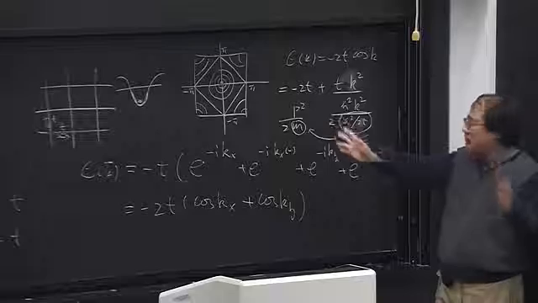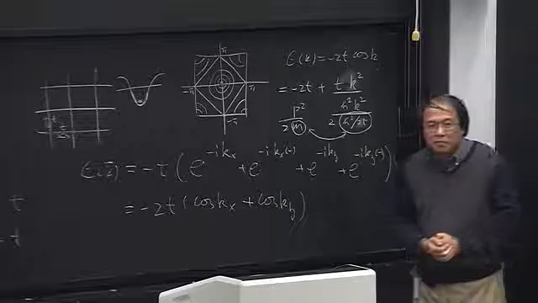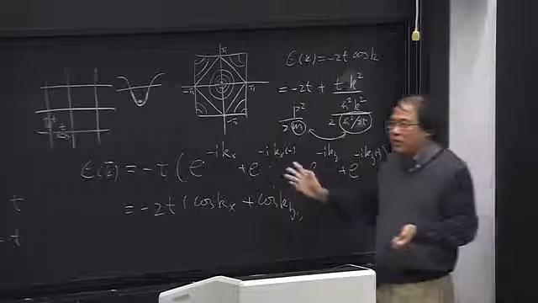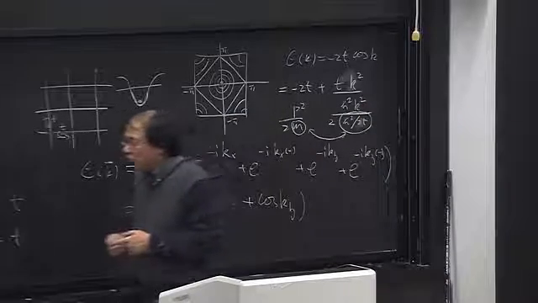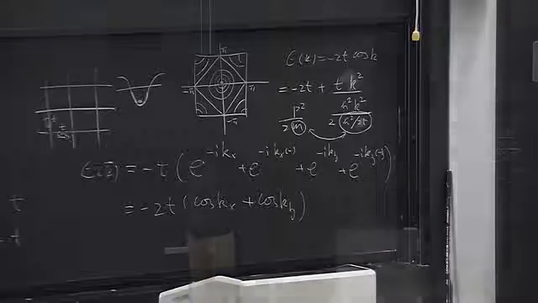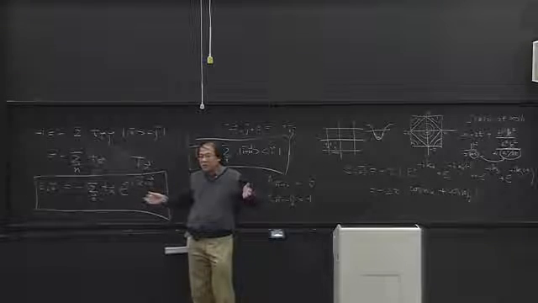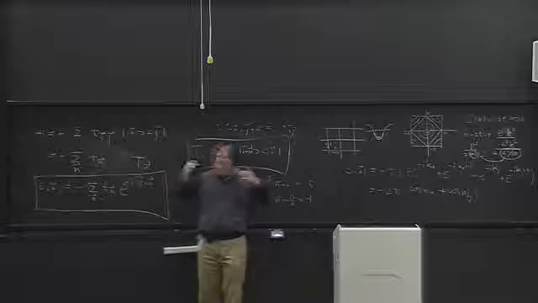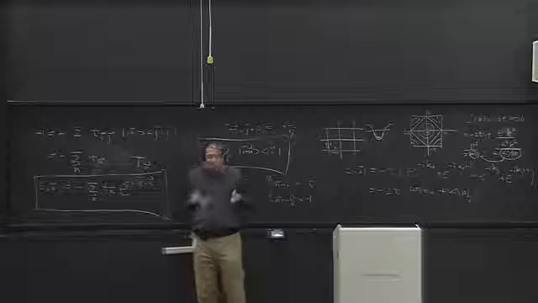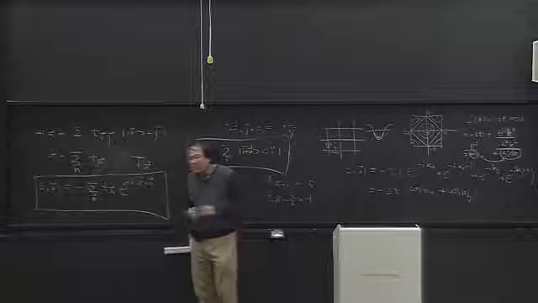It's totally different, controlled by the hopping. So the first lesson is that an electron moving in a periodic potential is kind of like an electron moving in free space, but with a modified, very different mass.